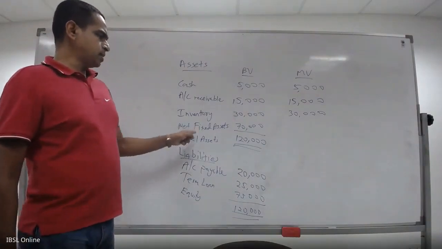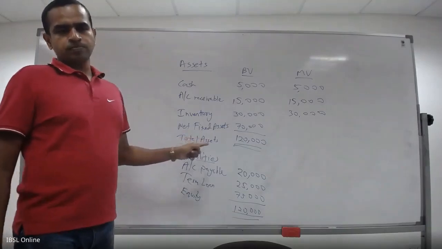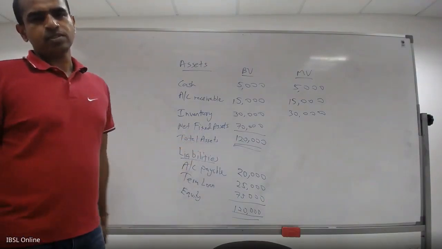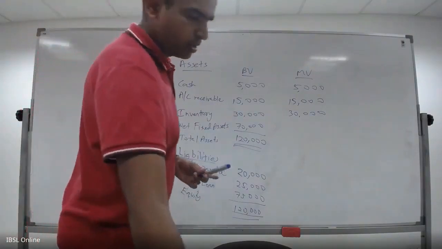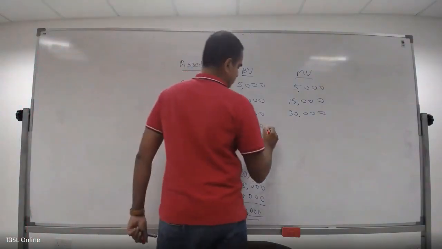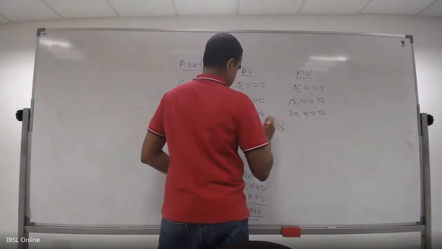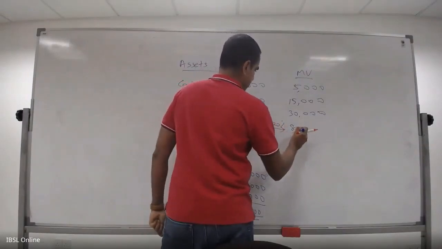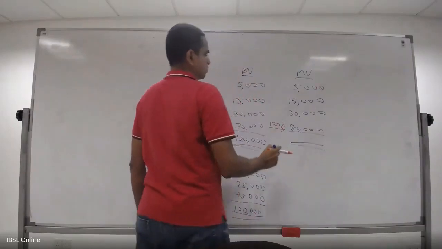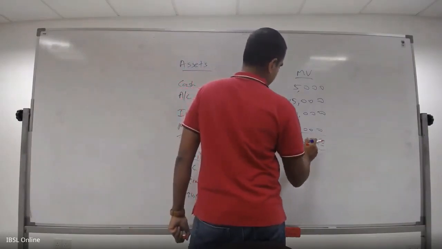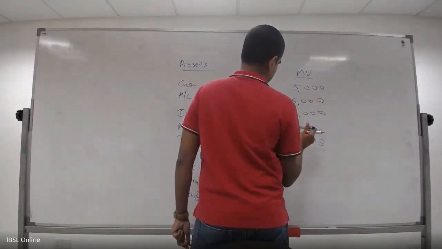Market value of net fixed assets is 120% of book value. Book value is 70,000, so net fixed assets should be 20% more, which comes to 84,000. So your total assets will be 134,000.